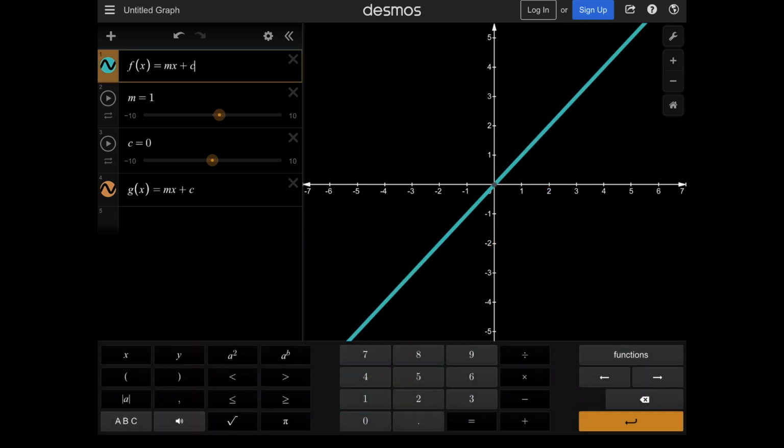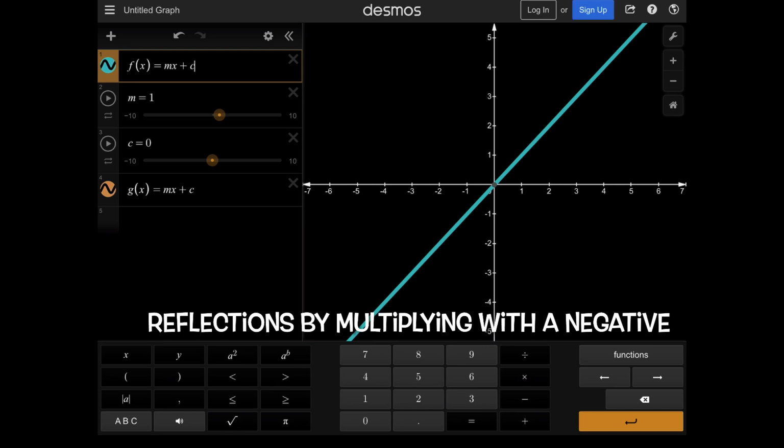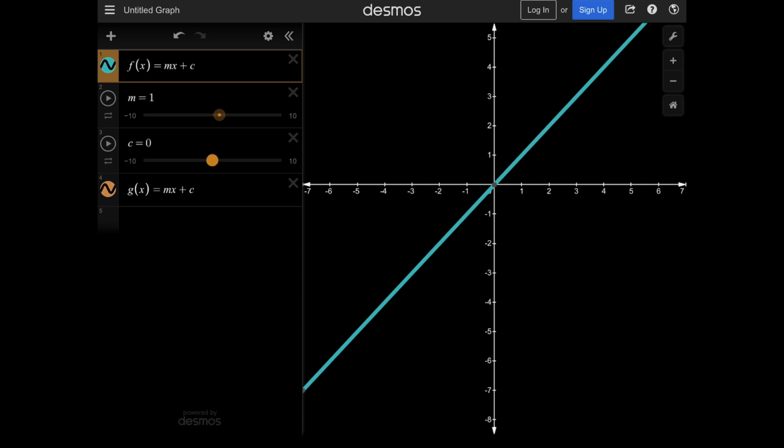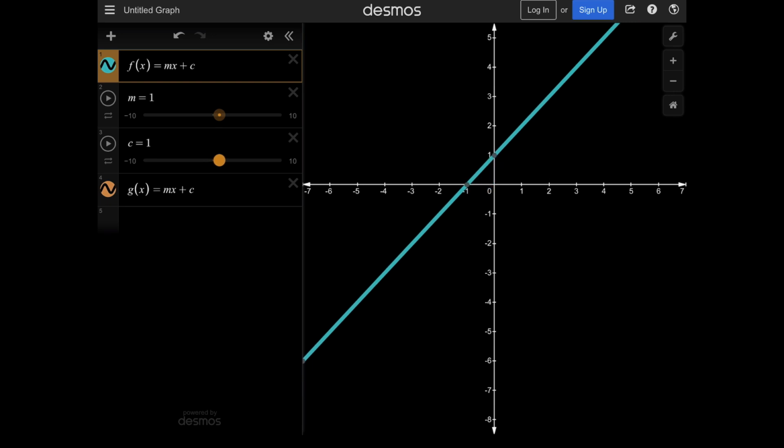Now let me go ahead and show you some other transformations such as reflections. Okay, notice right now we have the standard function mx plus c where m is equal to 1, and let's adjust c also to 1. So this is 1x plus 1. Okay, this is the equation of g(x) and f(x) at this moment. Now I'm going to transform f(x) by reflecting it about the x-axis.